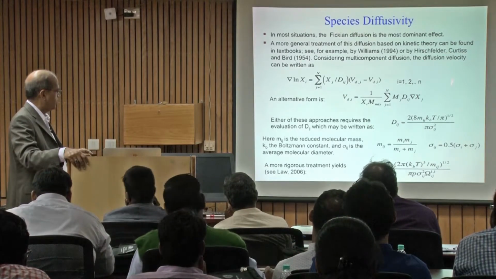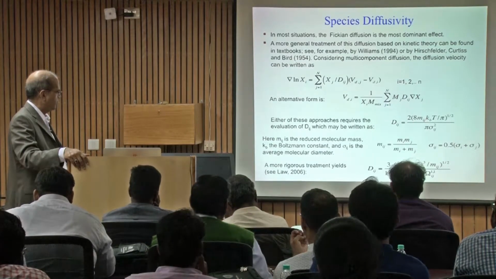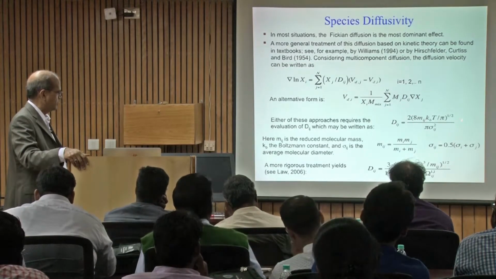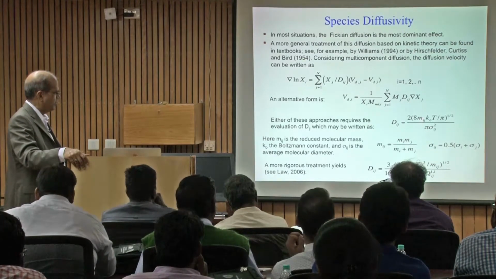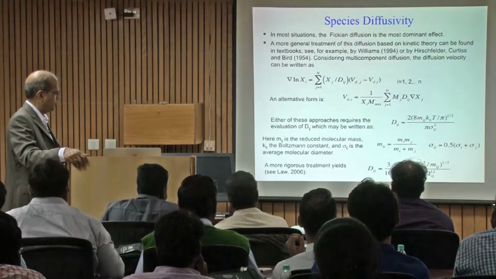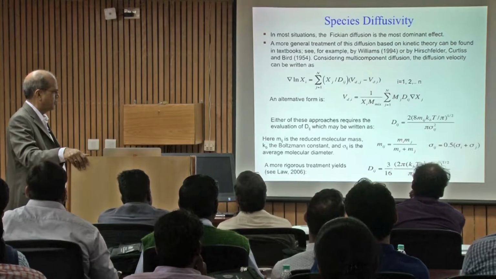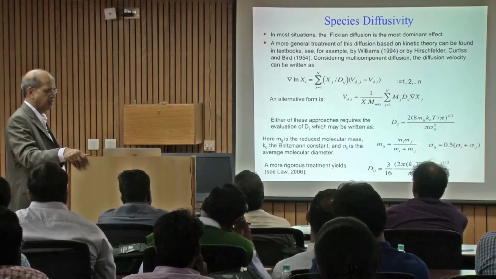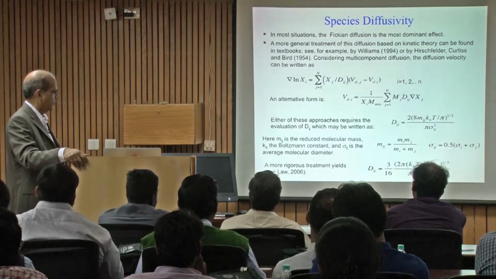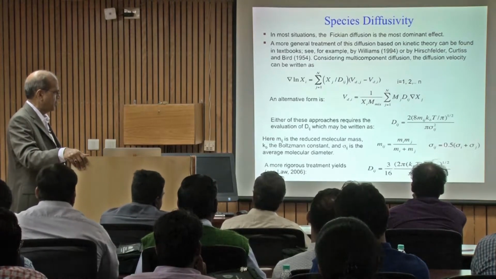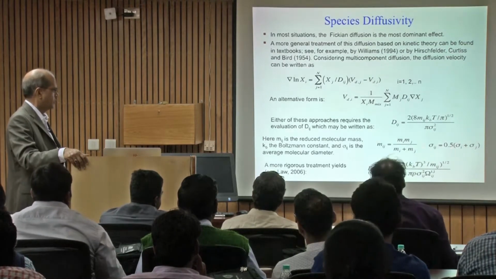There are treatments, but we will not go into the details. Based on the molecular theory, you can develop this equation. Here, this M_ij is based on the mass of different molecules, mass of molecule i, mass of molecule j. Yesterday we were doing the chemical reaction, so it's a similar model.